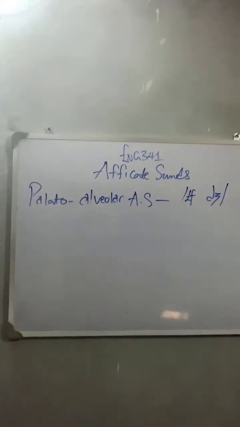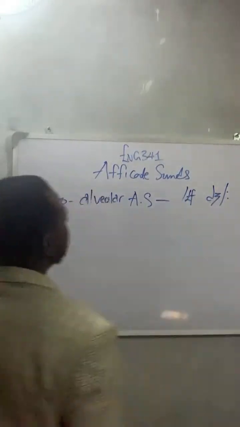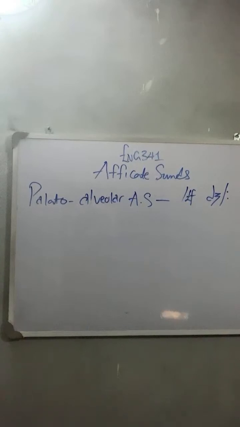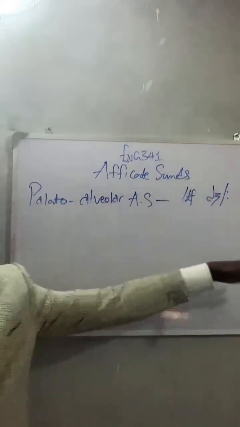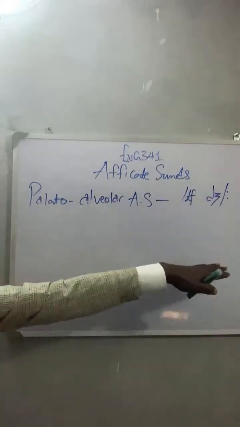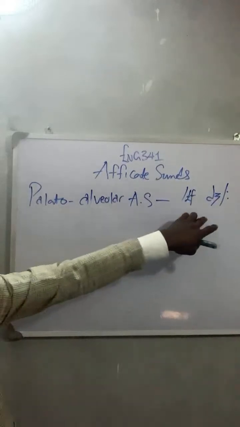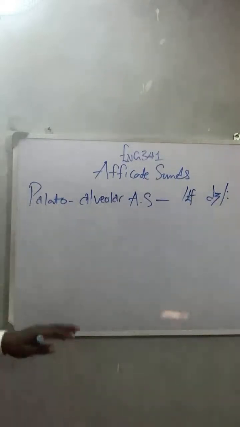Now let's dissect this. That is an example of an affricate sound. Now we're looking at the palato-alveolar affricate sound. Take a look at this pair.